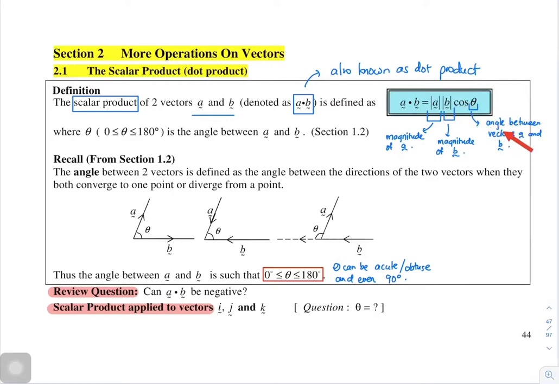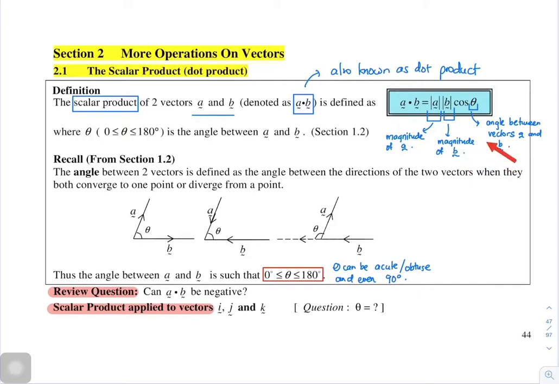So theta is the angle between the two vectors A and B. B is the magnitude of the vector B and A is the magnitude of vector A. If you look at this definition of the dot product, you realize that A magnitude, B magnitude, cosine theta is also a value. So the right hand side here is actually a scalar. Based on the definition of the dot product, when we take two vectors and do a dot product between them, the result is always a scalar.